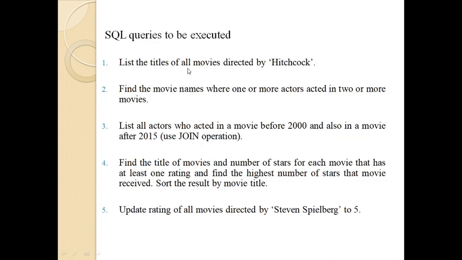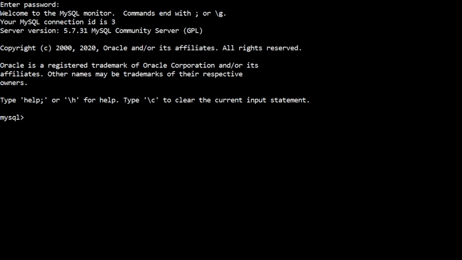Now next we'll see how to execute these queries. The first one says list the titles of all movies directed by Hitchcock. So I'll just show you how you can do this. I'll go to the console.